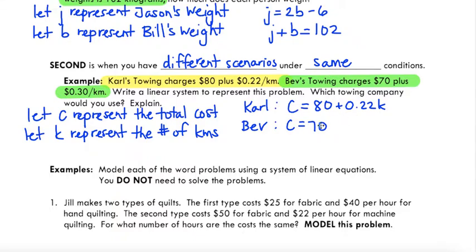So I get charged $70 no matter what, plus 30 cents per kilometer. Those are the two equations that I would use for this problem. I could graph these on a Cartesian plane, or a set of axes, and I could then determine which one will be better for me depending on how far I need to be towed.